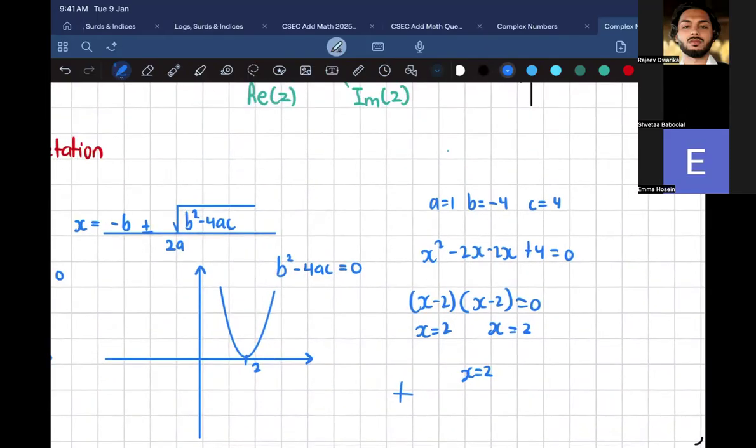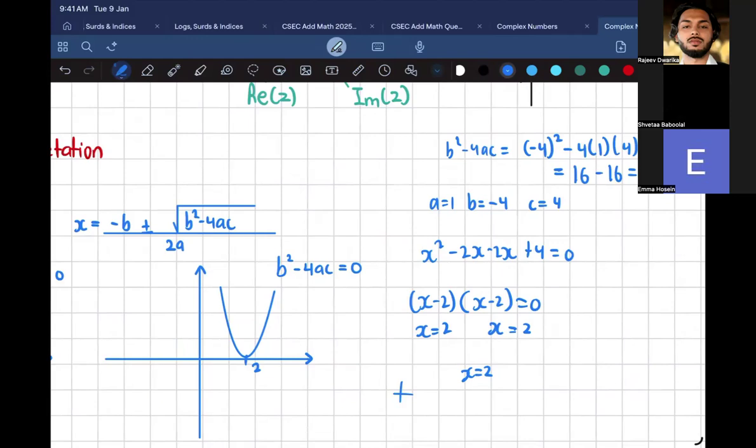B squared minus 4AC: minus 4 squared is 16, minus 4 times 1 times 4 is minus 16. What are you going to get?